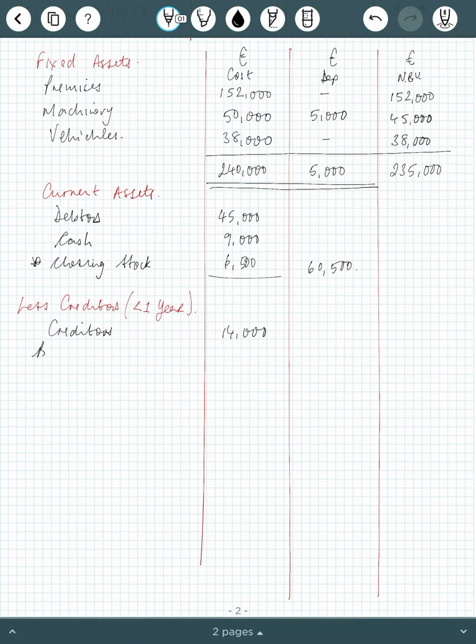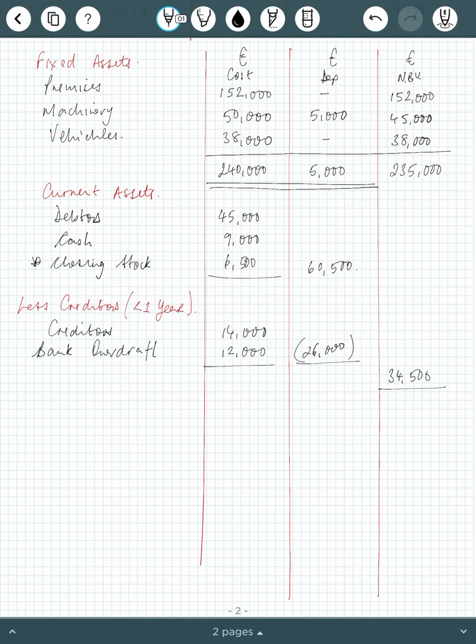The next one you have is bank overdraft, and your bank overdraft is 12,000. Add those two figures together, you get 26,000. We take our creditors, as it says less, away from our current assets, and we get 34,500.